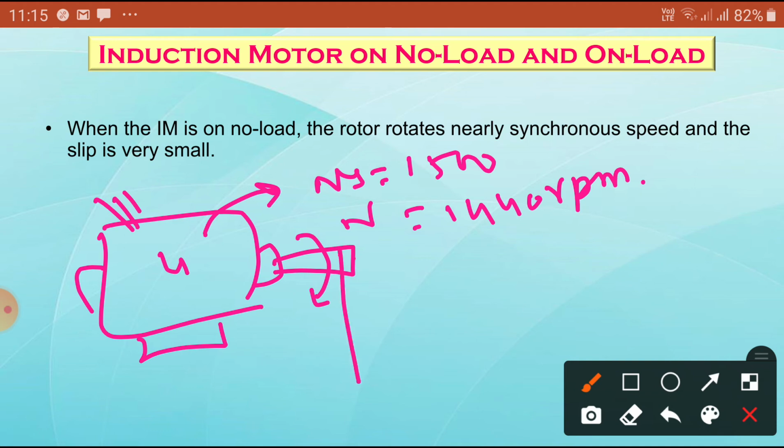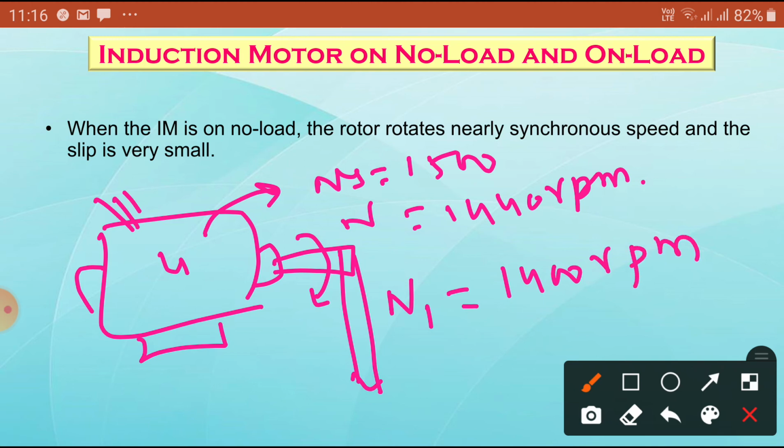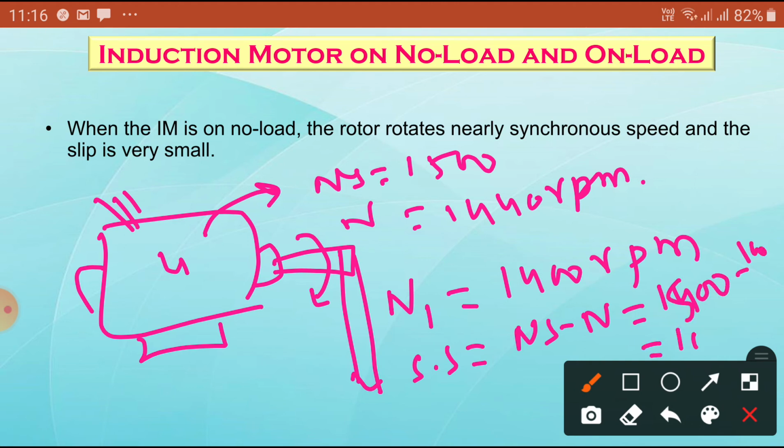If some load is added, the speed of the rotor reduces and the slip speed difference becomes more. As the load on the motor increases, the slip speed and slip also increase. Then n becomes 1400 rpm. The slip speed is ns minus nr, that is 1500 minus 1400, so nearly 100 rpm.